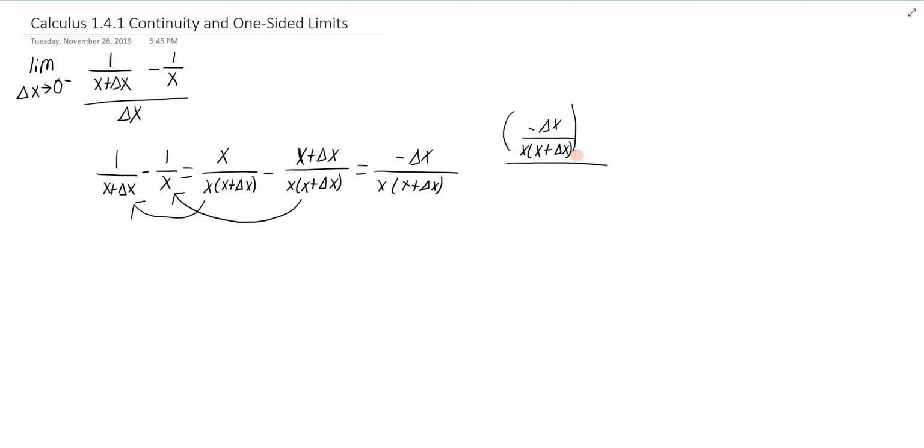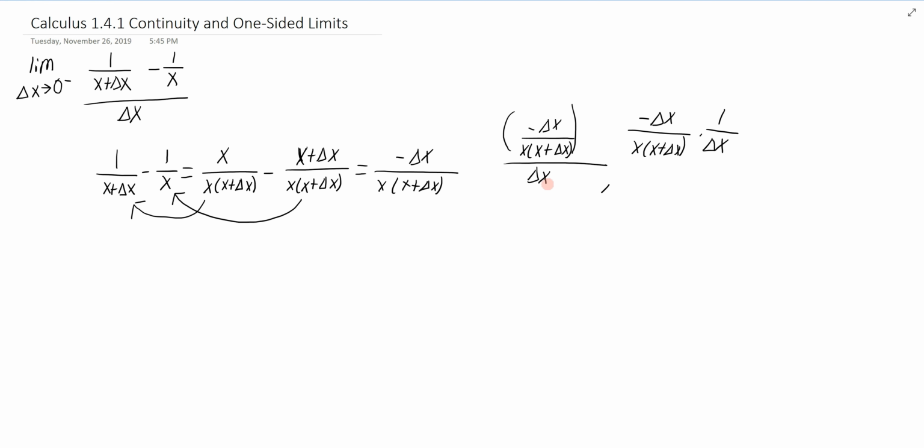And so this is really just dividing by a fraction. And so when we do division by fractions, what all this means is we're just going to get negative delta x all over x times x plus delta x times 1 over delta x. Because when you divide by a fraction, whatever you're dividing by, you're going to do the reciprocal of that.